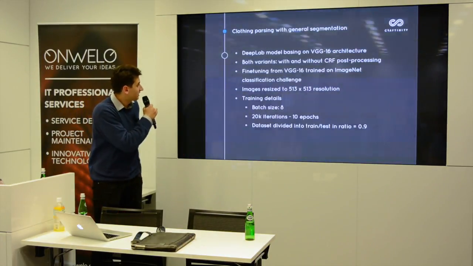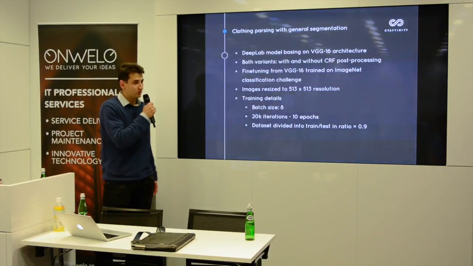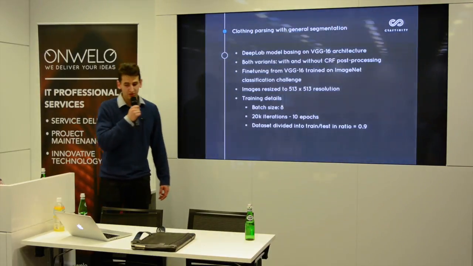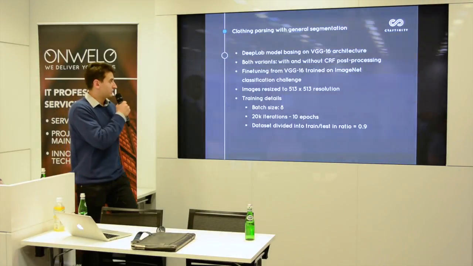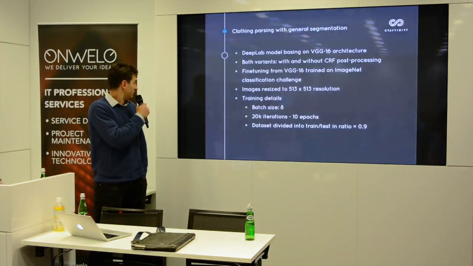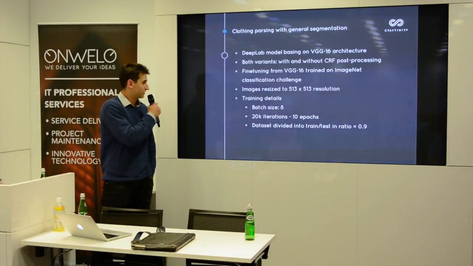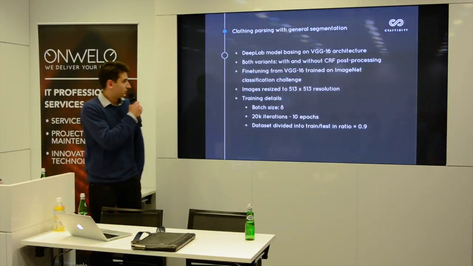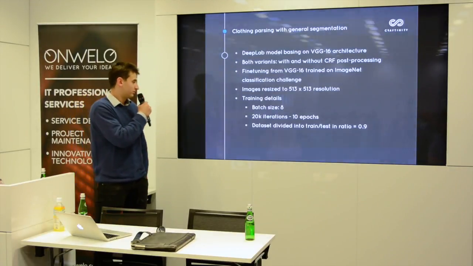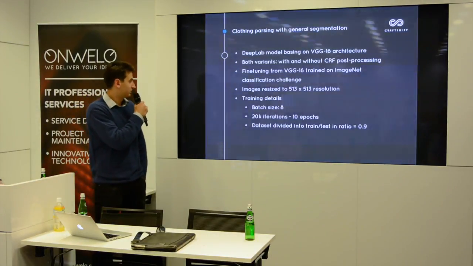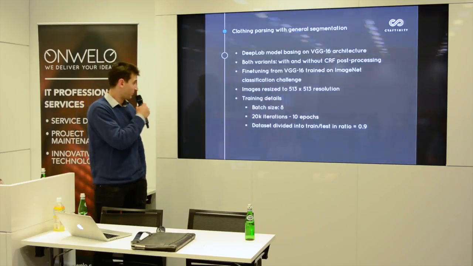When it comes to technical details, we fine-tuned this model from the VGG16 model trained on the ImageNet classification challenge, and we pass to the network images with 500 by 500 resolution.